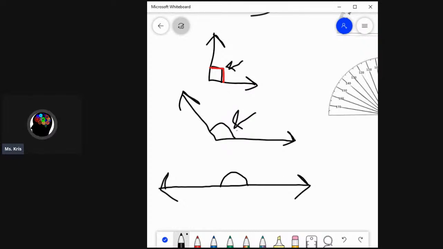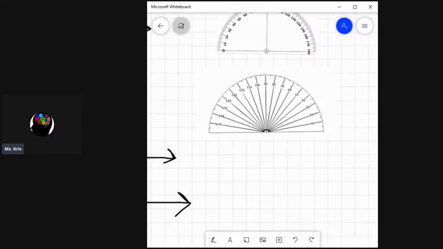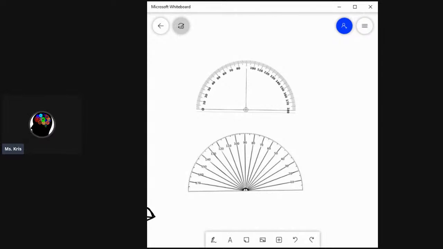Now, when you are dealing with these angles and you want to find their measurements, what you want is a protractor. Protractors allow you to measure your angle. It tells you exactly how many degrees your angle is.